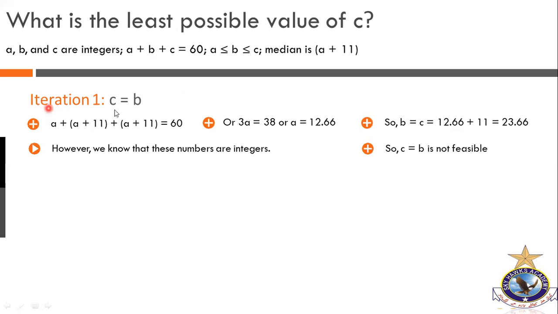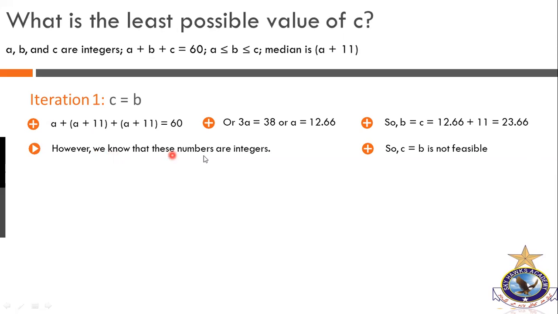Iteration one, C is equal to B. A plus 11 plus A plus 11 is equal to 60, or 3A is equal to 36, or A is equal to 12.66. So if B is equal to C, it is 12.66 plus 11, which is equal to 23.66.